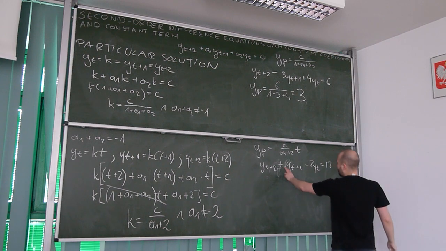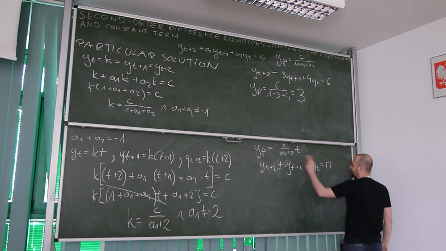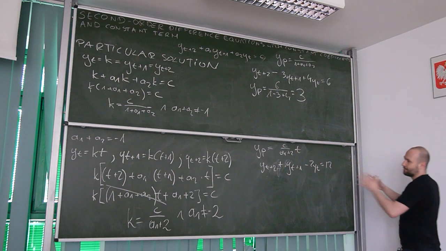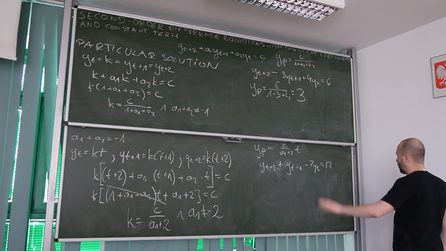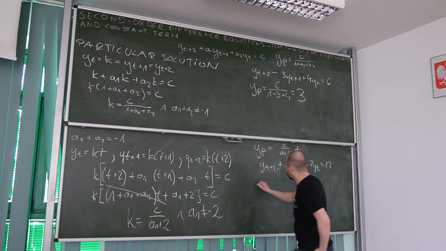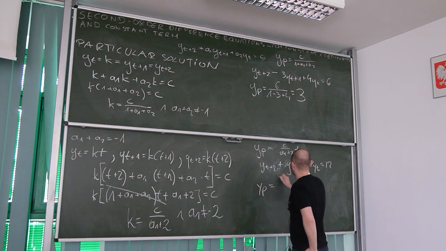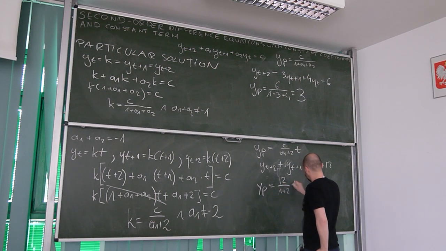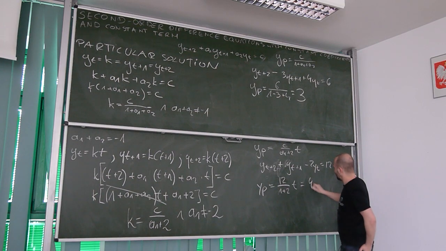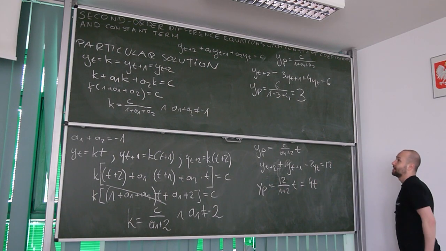We see that the coefficient a1 is 1, a2 is -2, and their sum is equal to -1. So we should use this formula. Okay, so let's do it. We get that this is 12 over 1 + 2, times t. So this is simply 4t.